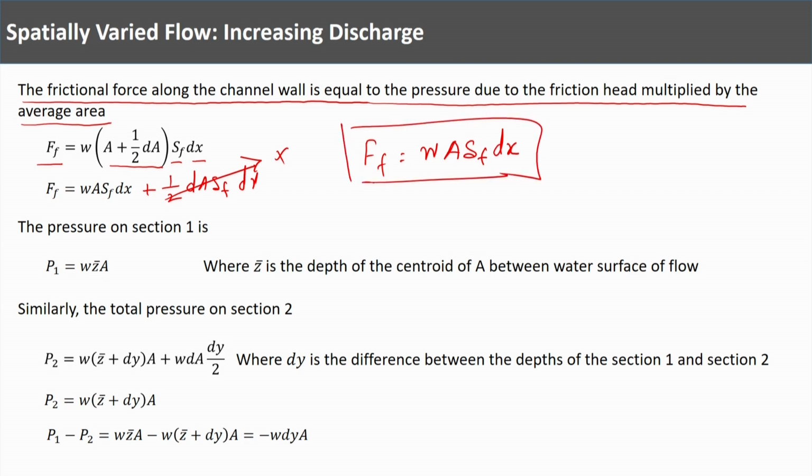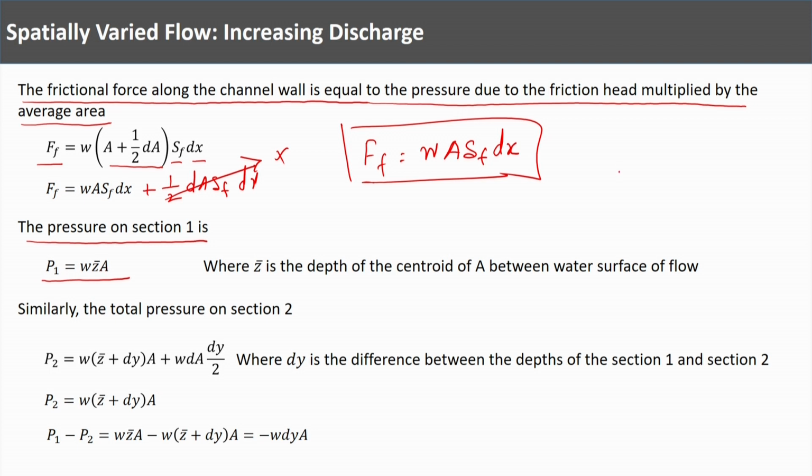Now let us see what the pressure is on section 1. The pressure is W, the unit weight of water, into Z bar, the distance of the centroid from the surface of the water.